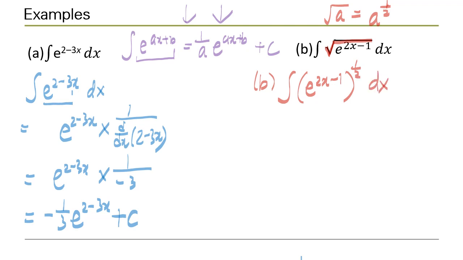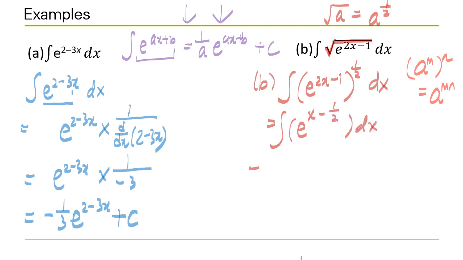And there's another rule that you have to remember. This is one of the rules in the chapter on indices. So we can simplify it: 2x times half gives you x, and negative 1 times half is negative half.